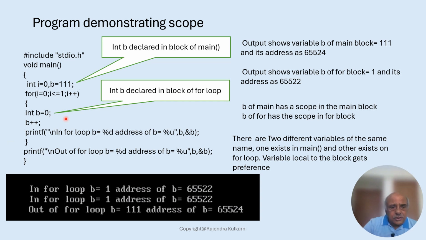The question is, when b is available to the main and since for is a part of main, why is this b getting value 0 here, but it retains its value 111 outside the for loop?